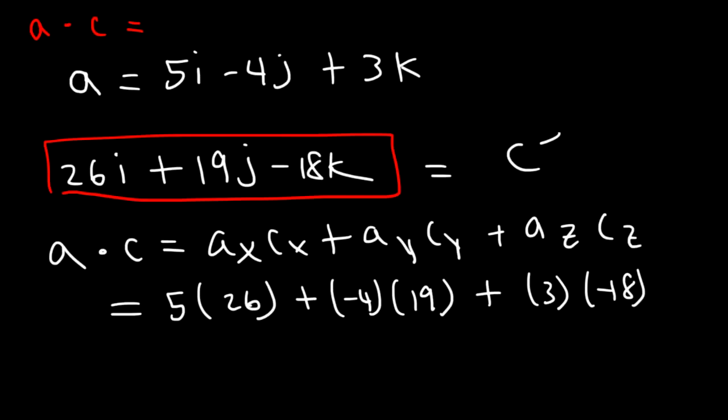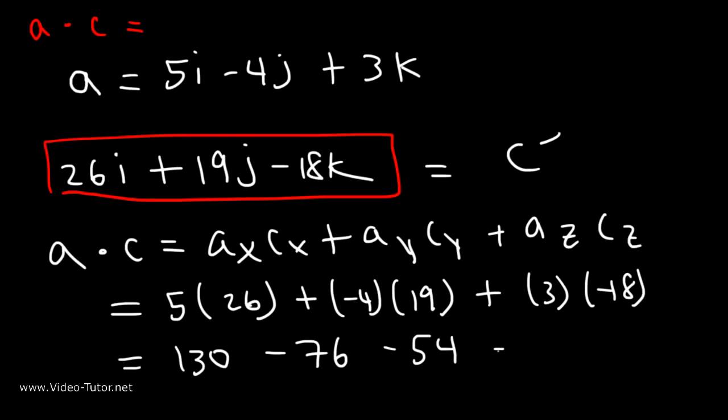5 times 26, that's 130. And then we have negative 4 times 19, which is negative 76, and 3 times negative 18, that's negative 54. 130 minus 76 is 54.